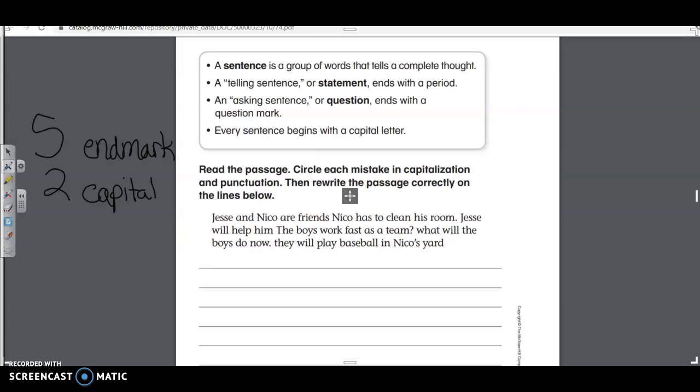It needs an end mark. Is that a telling sentence or a question? Jesse and Nico are friends. It is a statement. It is a telling sentence. So you have to do what? Put a period. So put a period right here, boys and girls.